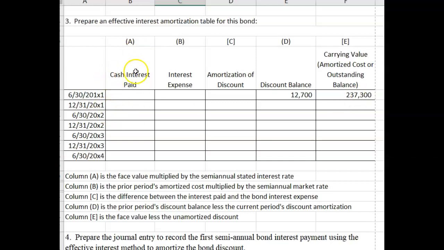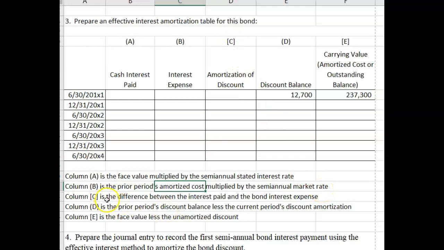Column A is cash interest paid, and it's calculated as the face value multiplied by the semi-annual stated or contract interest rate. Column B is the prior period's amortized cost multiplied times the semi-annual market interest rate.